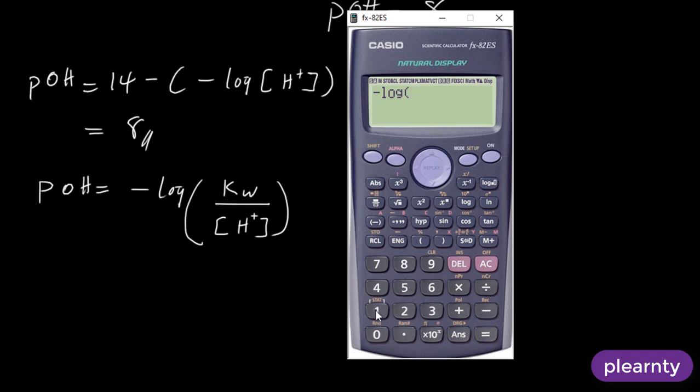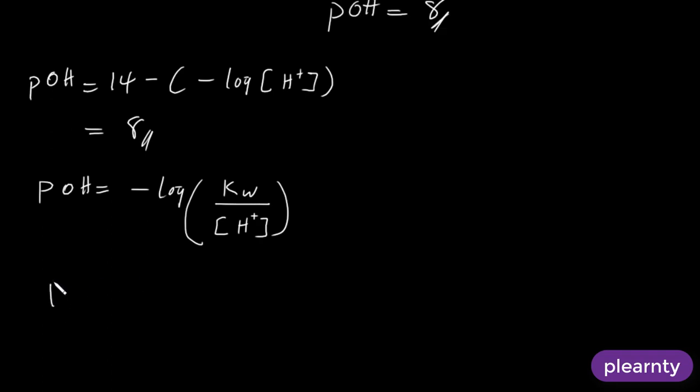Our ion product is 10 raised to power minus 14, it's a constant, divided by 10 raised to power minus 6, then close bracket, and we have our final answer to be 8. So our pOH once again is 8.